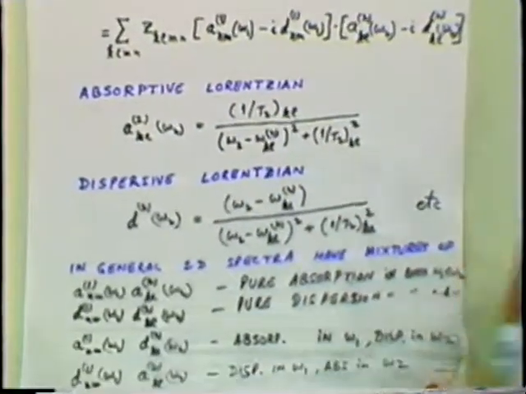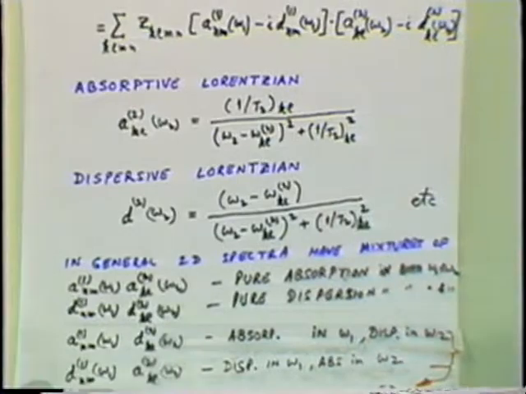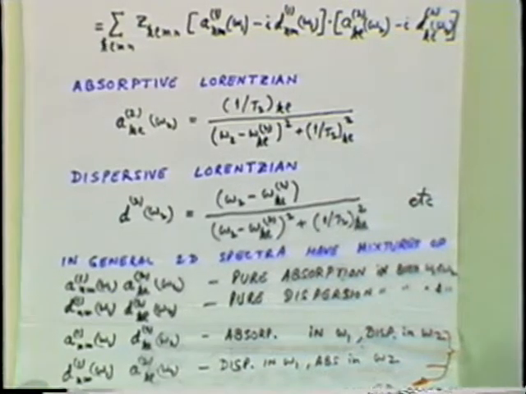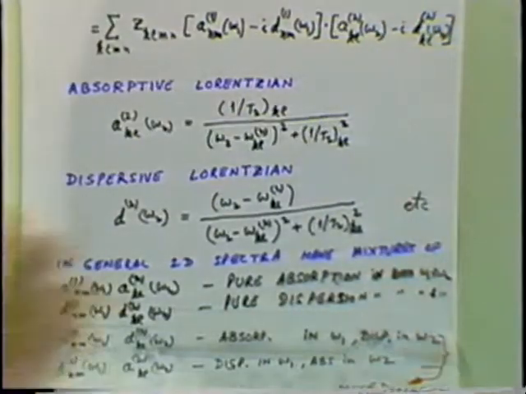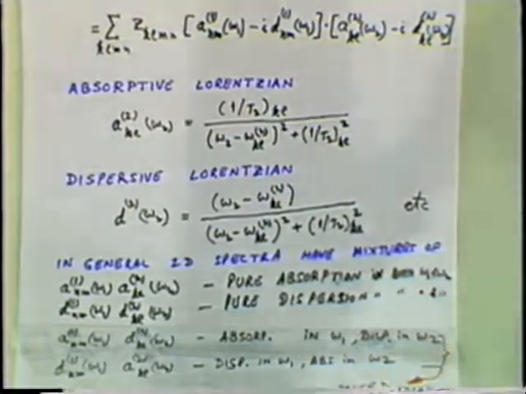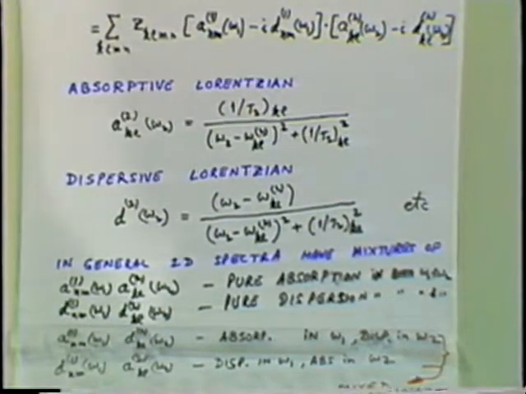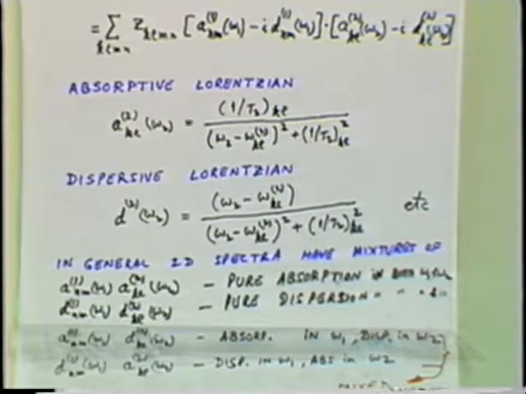And the dispersive Lorentzian is here. Since we had an exponentially decaying time domain signal, which we had put down phenomenologically, we did not really derive this. We just said it's exponentially decaying. So the line shape that I am saying is Lorentzian is phenomenological. We assume that.